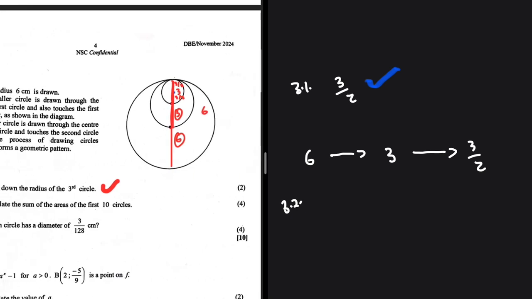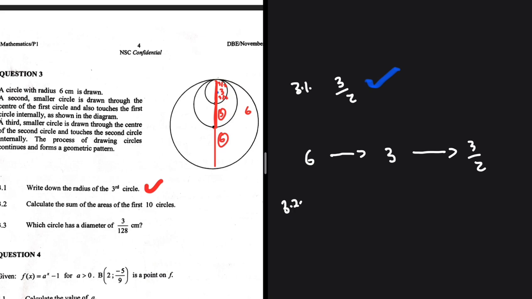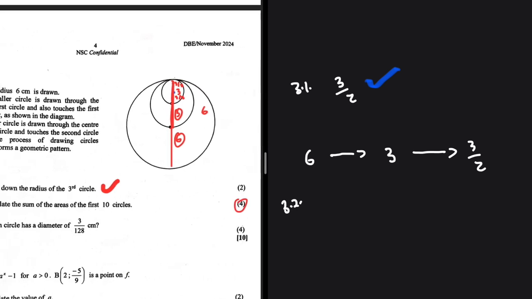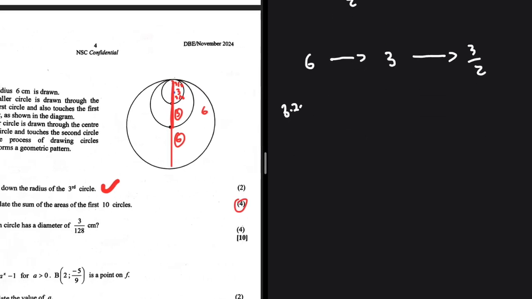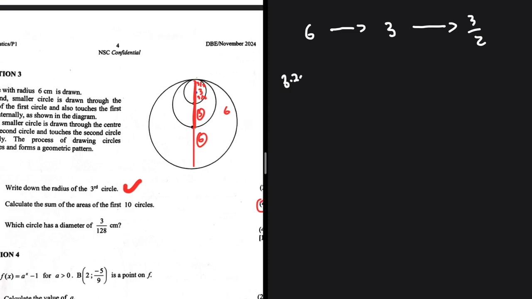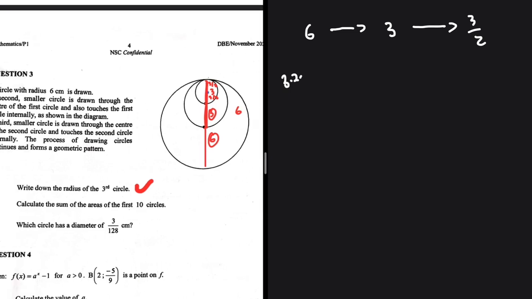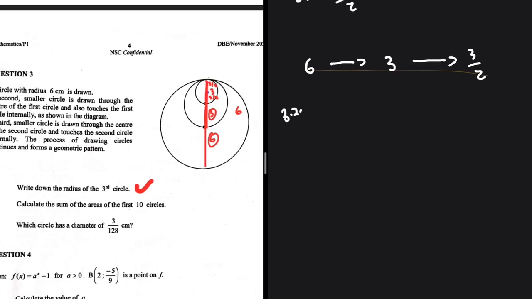And that is for 4 marks. Calculate the sum of the areas of the first 10 circles. Well, honestly speaking, I don't think this question should be for 4 marks, because I think there are a lot of dots that we need to connect in order to answer this question. So let's think about this.